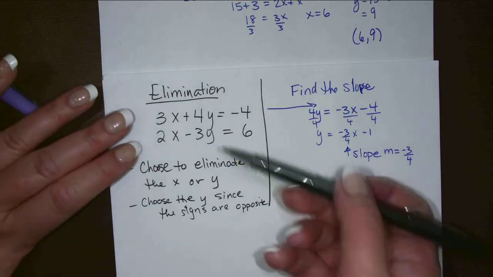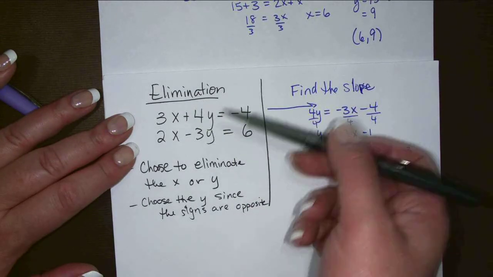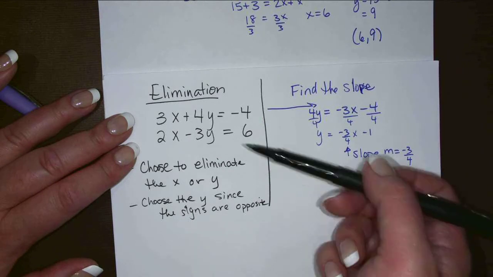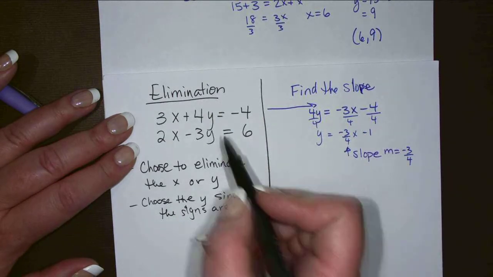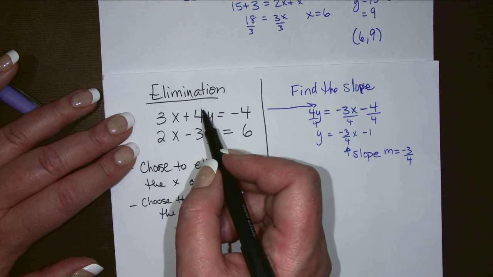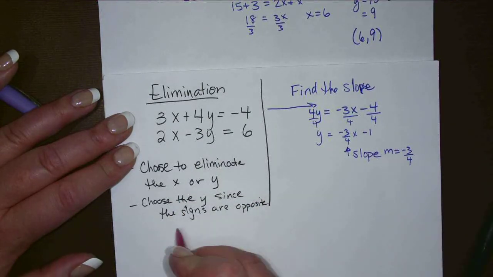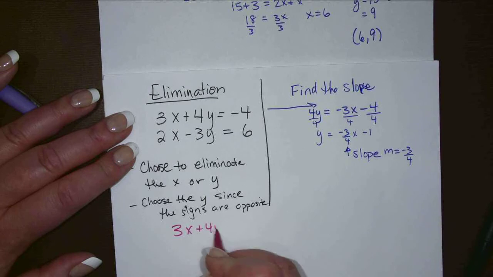Now to eliminate, what you're going to do is add the two equations together, and you want something to disappear. So what we need to do is make the number in front of the y, which we're choosing to eliminate, the same. So I'm just going to write the equation here, and the second one.